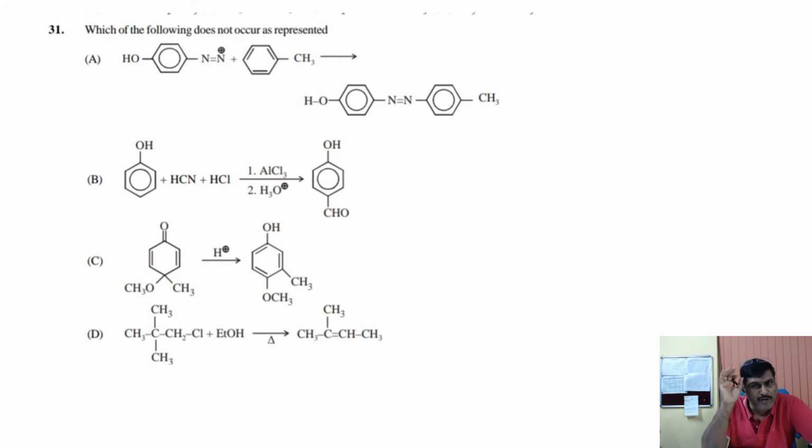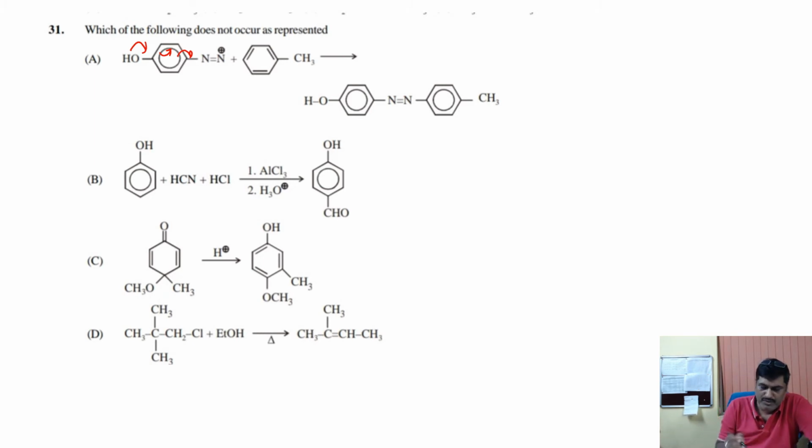If any electron releasing group is connected, then it releases electron and decreases its electrophilicity, and that makes it difficult. On the other side, the coupling partner must be highly activated. That's why this option looks very difficult and weird. So this one is not happening as represented, I can say, right?